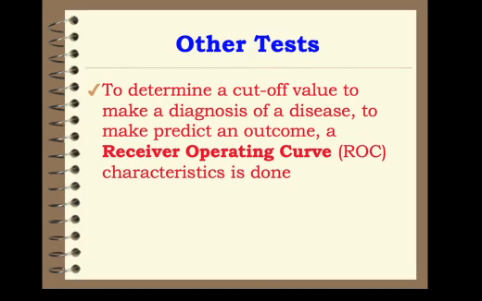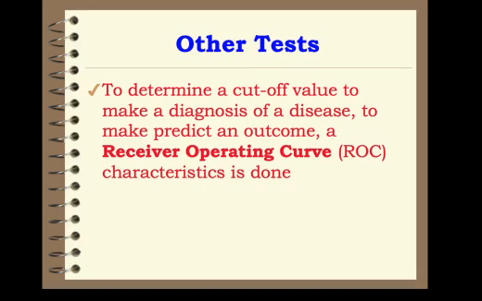Now, let's discuss other tests very quickly. To determine a cut-off value to make a diagnosis of the disease, or to predict an outcome, a receiver operating characteristic curve is used. Have you ever wondered how people make the cut-off value for a disease?